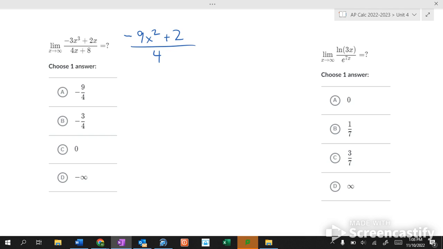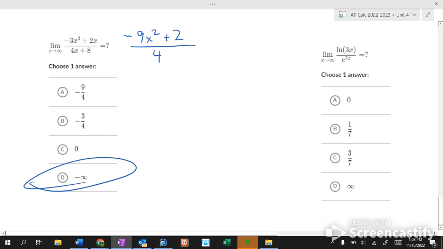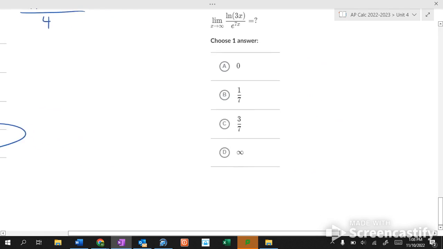Divide that by 4, which is still negative infinity. Infinity times anything is infinity. Infinity divided by anything is infinity. Yeah, that's infinity as well. So there you go. Awesome.